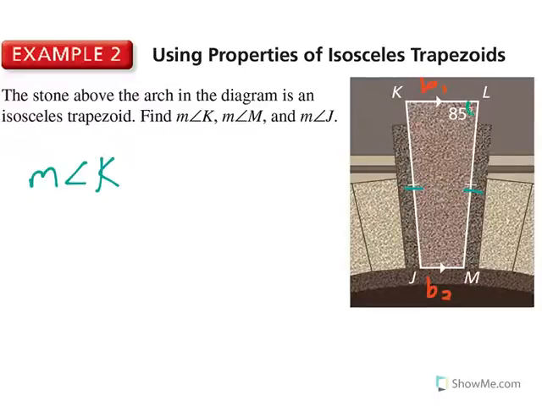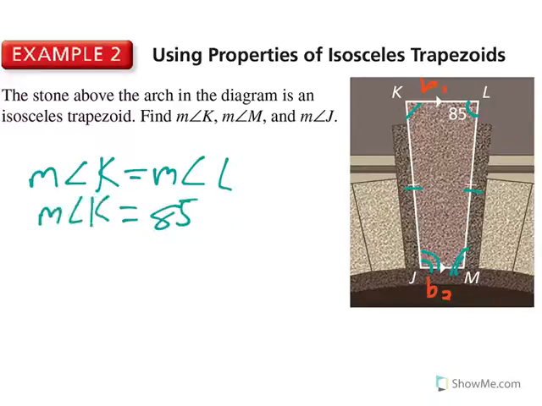So for my base 1, both of these are going to be the same. For my base 2, both of these are going to be the same as well. So my B1 angle K would be equal to the other base angle, angle L. So if I write that out, that means the measure of angle K is going to be 85 degrees.